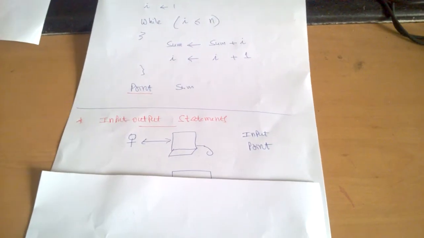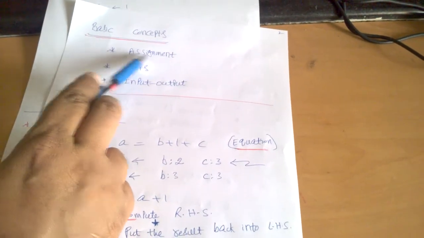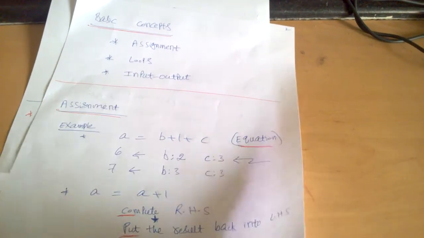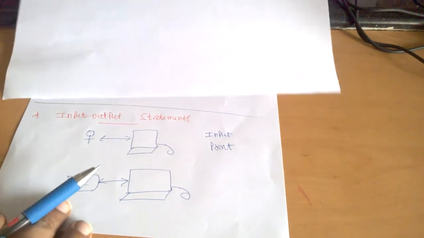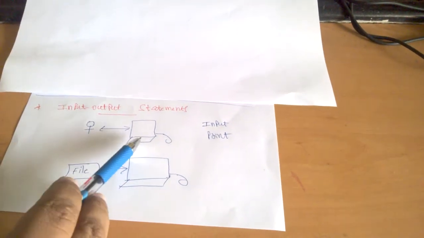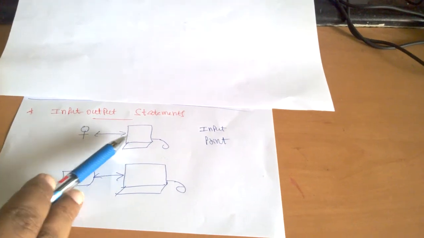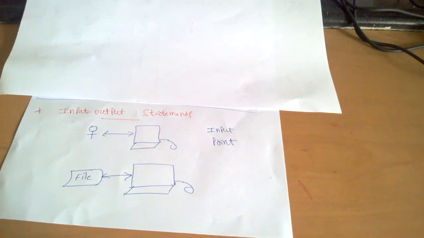Now the third construct that we mentioned was on input output. We have covered assignment, loops, and we'll briefly look at input output. Now what is input output? When you have a computer, there should be a way to communicate to the computer either from a human or a file or other means.